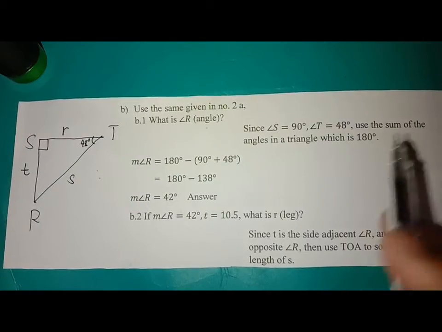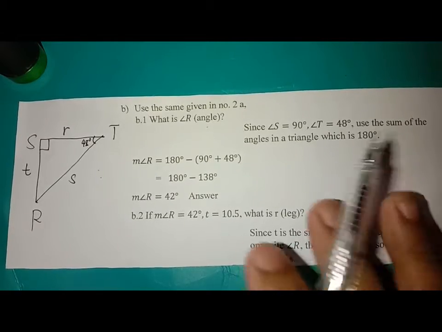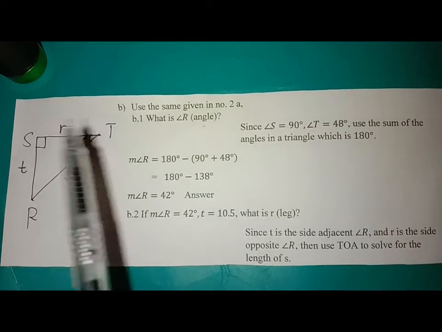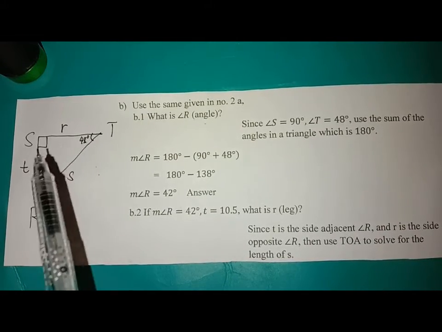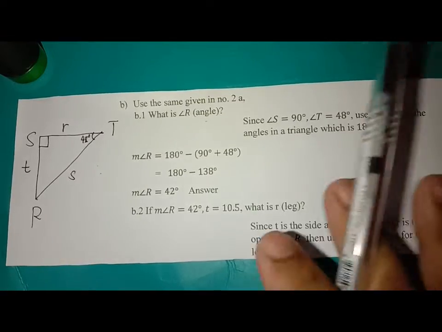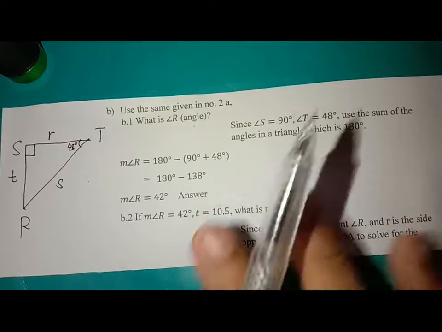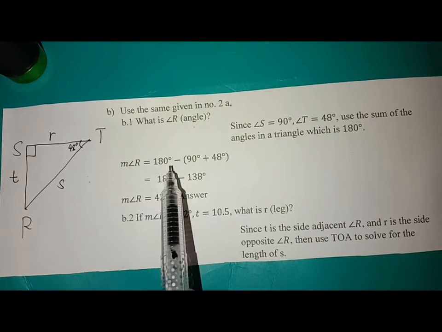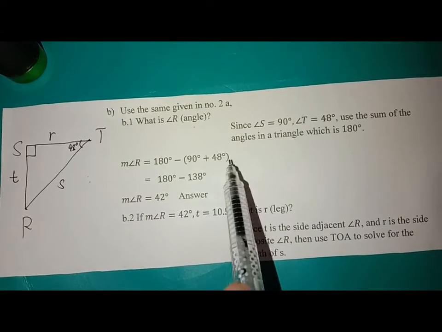Then use the sum of the angles in a triangle, which is 180 degrees. So we're going to use the triangle sum theorem: the sum of the three angles of a triangle is 180 degrees. Therefore, this is the solution. The measure of angle R equals 180 degrees minus (90 degrees plus 48 degrees).